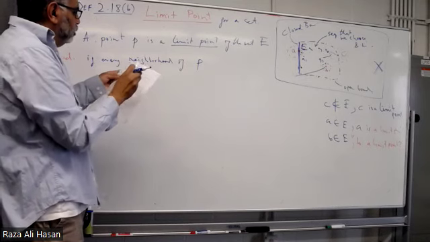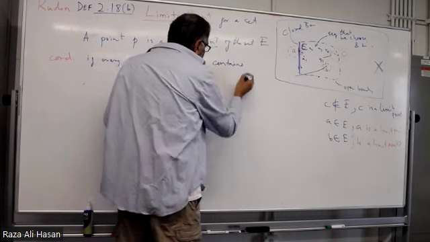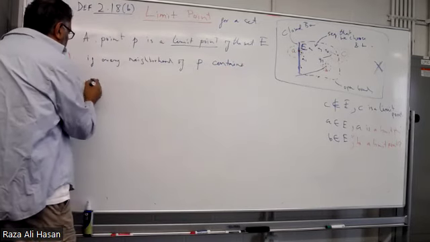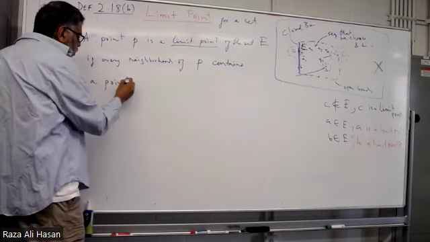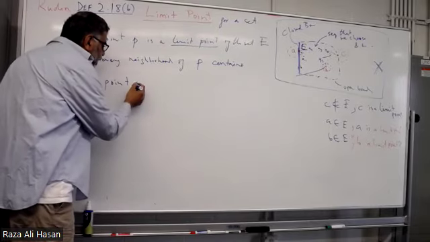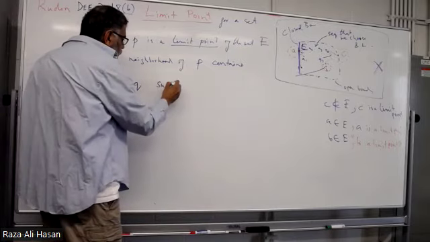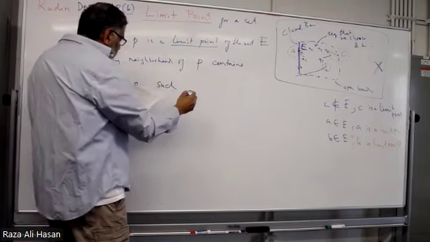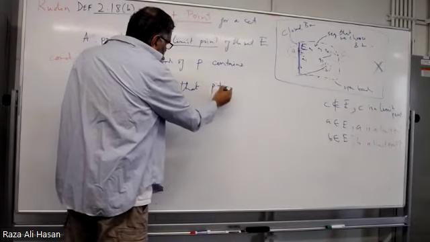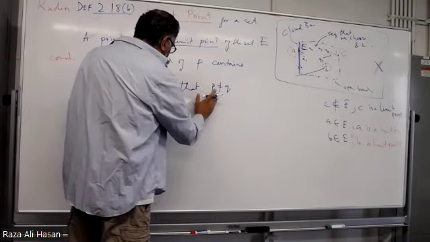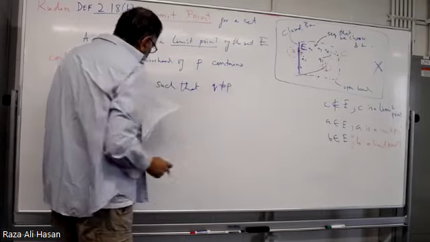That the neighborhood of P contains a point, and all it needs is just one point Q. I've been talking about containing other points, but all it needs is one, such that this point that is in the neighborhood is not the same as our limit point P. Q is not equal to P.